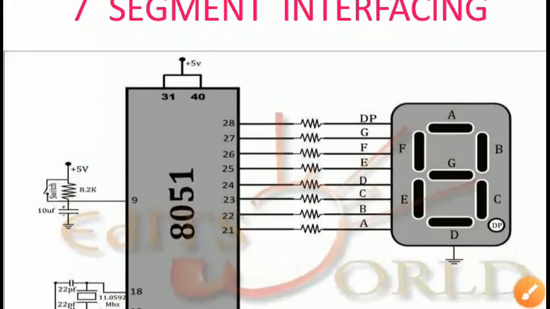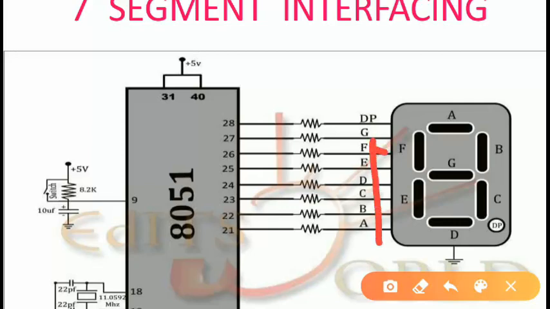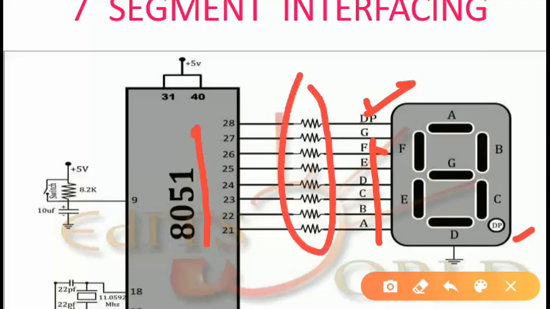In this sequence A, B, C, D, E, F, G, they are connected to pin numbers 21 to 28. DP is the decimal point, which is also shown in the 7 segment display, and with a specific resistor it can be interfaced with the microcontroller 8051. So very simple interfacing of 7 segment display is shown in the figure.